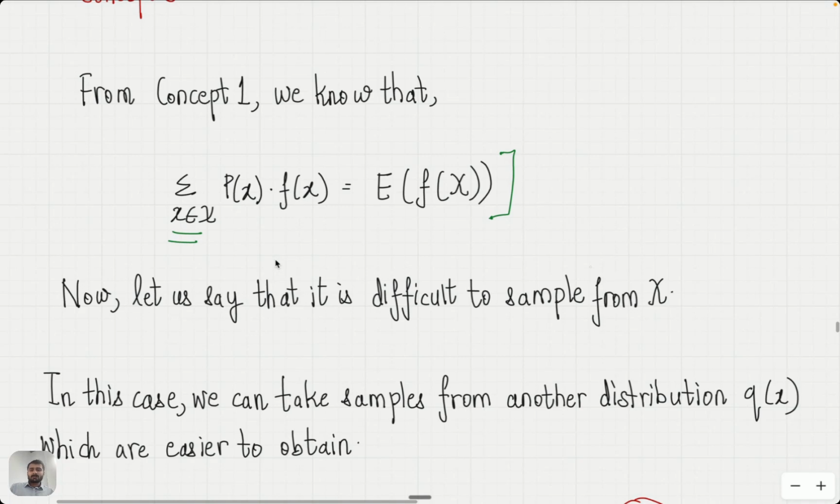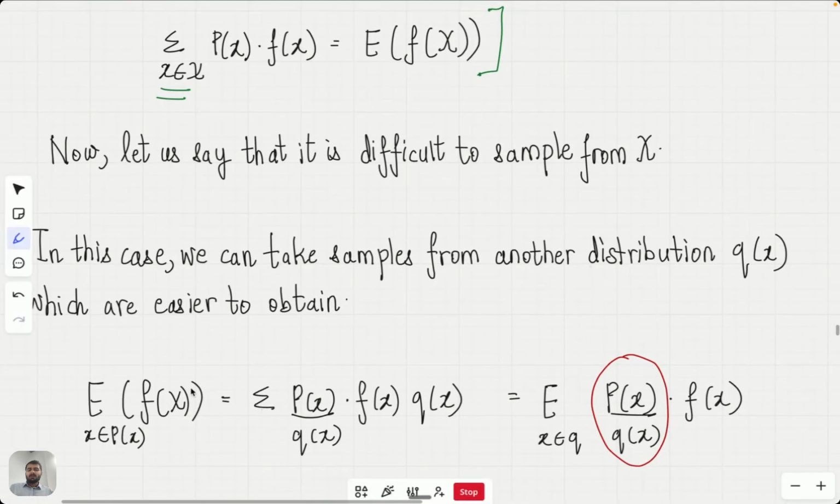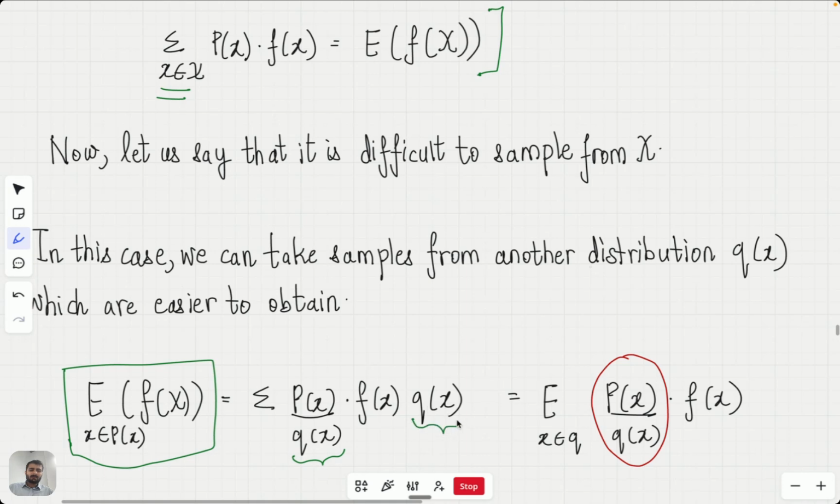And then what you do is, so this is what we want. We want the expected value of f of x with x being sampled as per the probability distribution p of x, but this is not available with us. So we do a small manipulation. We divide by q of x and multiply by q of x.